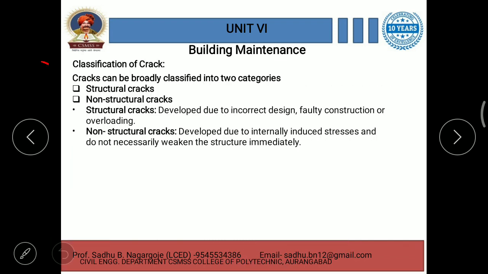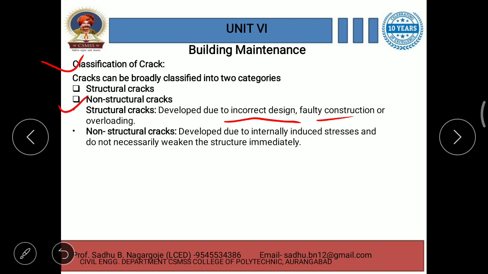Then classification of cracks. Cracks can be broadly classified into two categories: structural cracks and non-structural cracks. The first type are structural cracks, and these develop due to incorrect design, faulty construction or overloading.